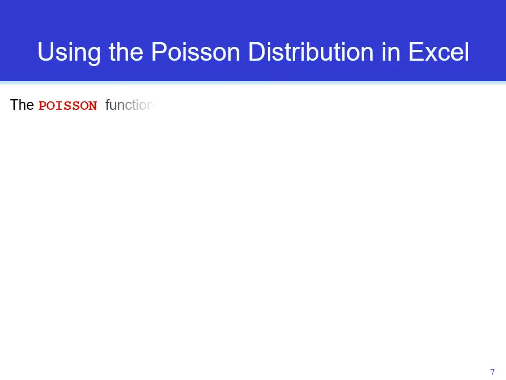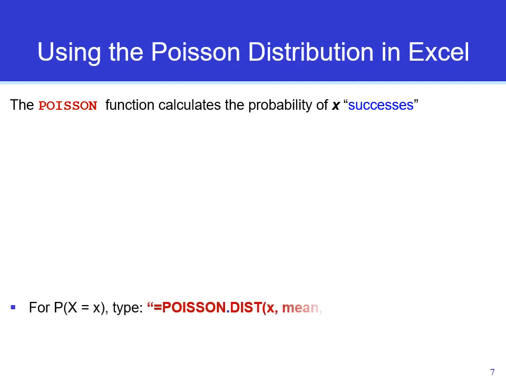So we learned how to use Excel for binomial distribution. Let's see how we can use Excel for Poisson distribution. To compute the probability of X number of successes using Poisson distribution, for example the probability of X equal to a small x, if you want exactly x successes, you write Poisson.dist, which is distribution.